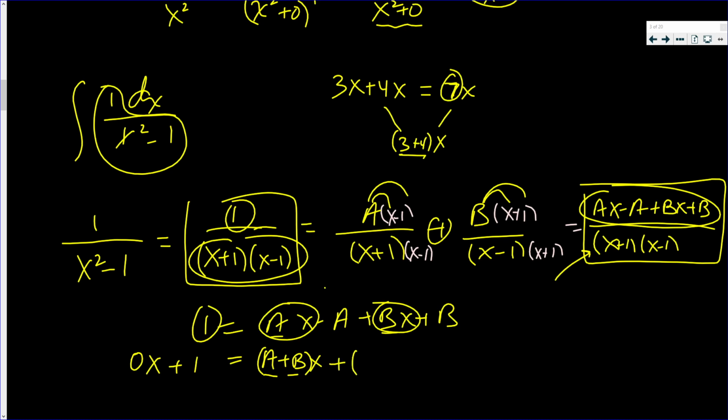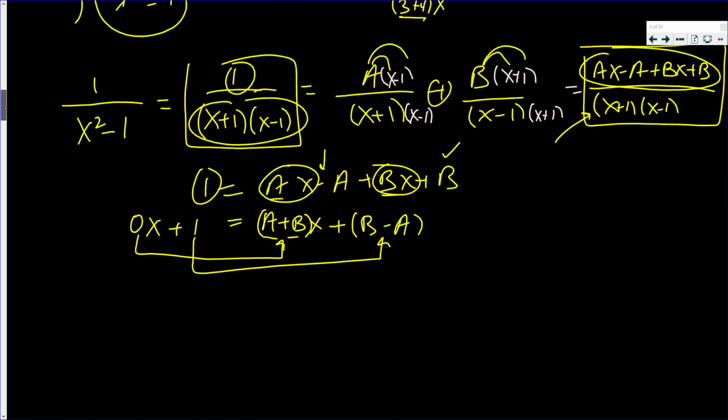Plus, I hate negative terms first, so I'm going to say b minus a. So they both should have 0 x's and their constant should be 1. That is, a plus b is 0 and b minus a is 1.